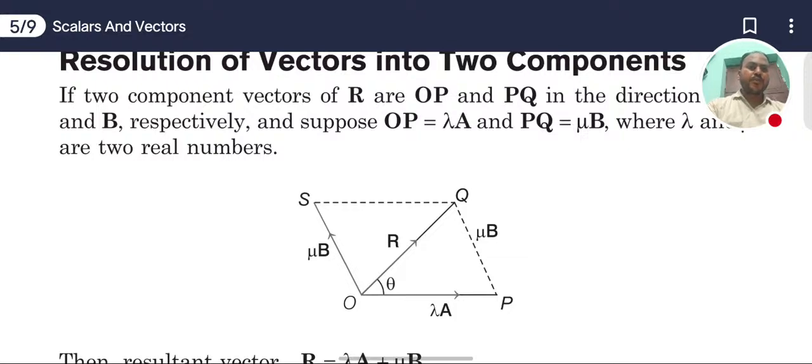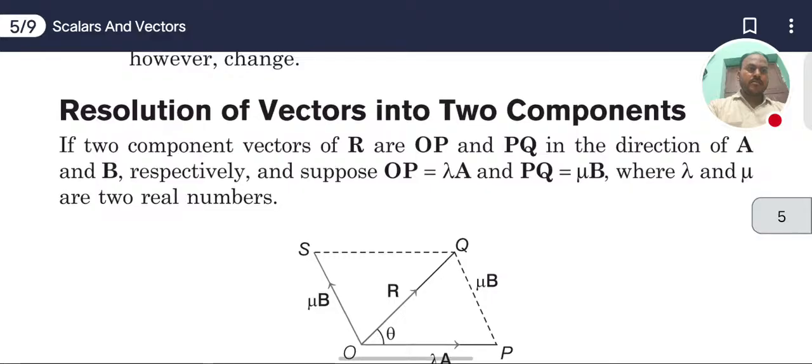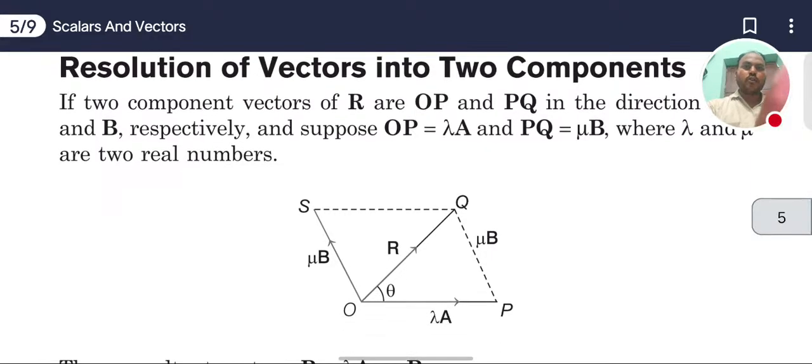Suppose OP means vector A and PQ means vector B. So OP is equal to gamma A and PQ equal to mu B, where gamma and mu are two real numbers.